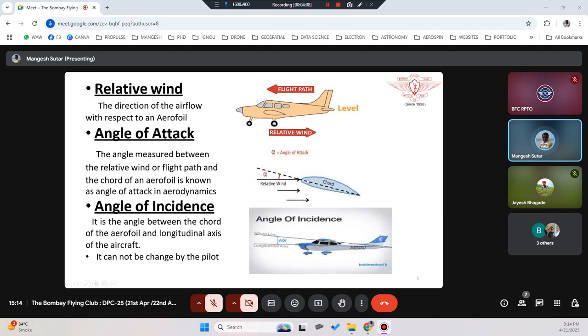The chord line is the straight line from the leading edge to the trailing edge. The angle made between the chord line and the relative wind is called the angle of attack. So the angle measured between the relative wind or the flight path and the chord of the airfoil is known as the angle of attack in aerodynamics.